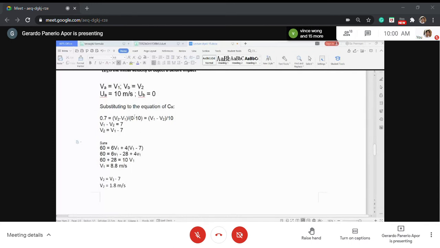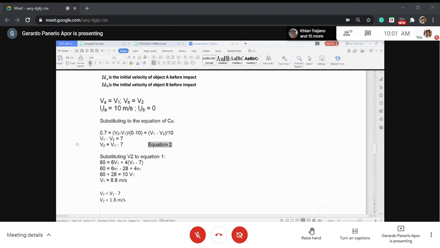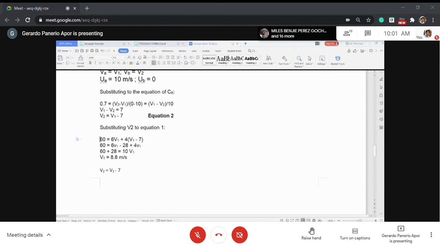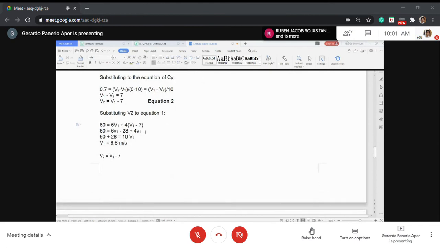So substituting V2 into equation 1, V2 will be V1 minus 7, so it becomes like that.